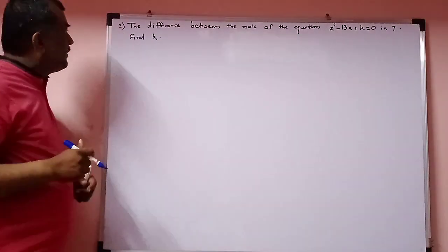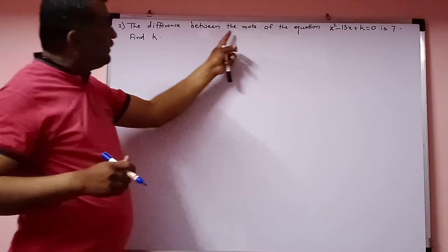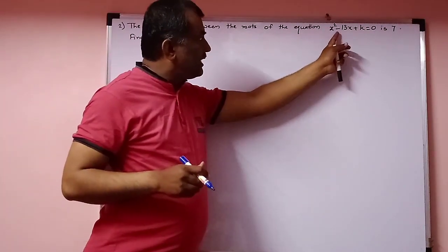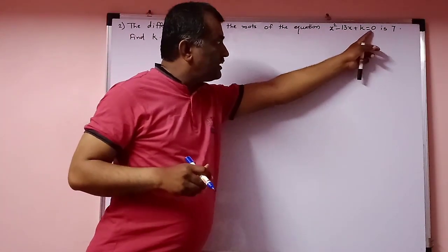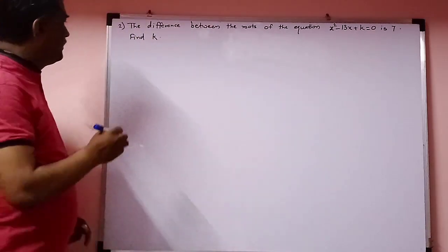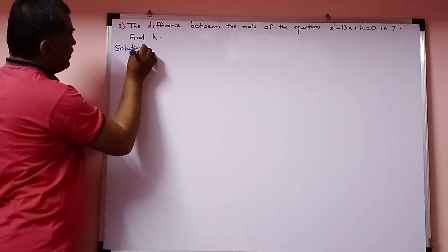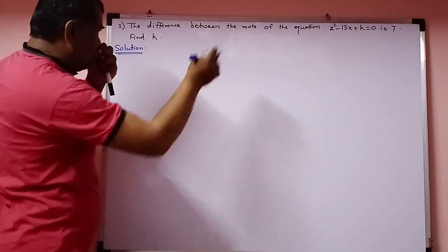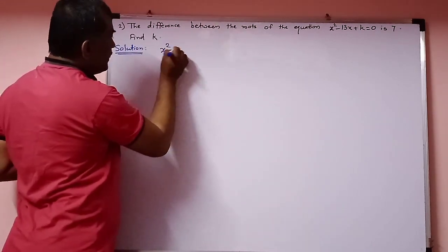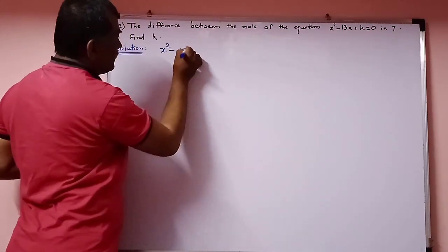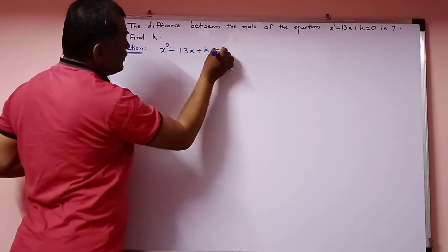See what the second example is. The difference between the roots of the equation x square minus 13x plus k is equal to 0 is 7. Find k. Solution. First write the given quadratic equation. x square minus 13x plus k is equal to 0.